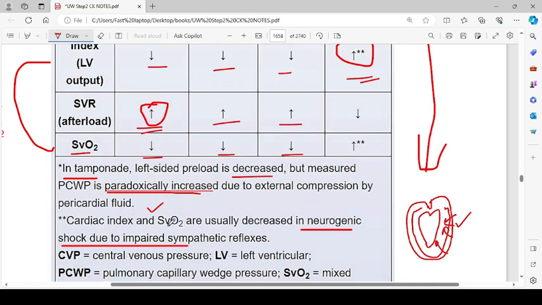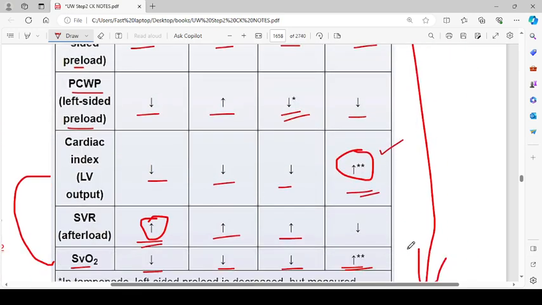They're saying that cardiac index and SvO2 are usually decreased in neurogenic shock due to impaired sympathetic reflexes. So we will talk about that. Then systemic vascular resistance will be decreased, and SvO2 is increased. Yeah, because tissues are not extracting oxygen basically because of the massive vasodilation. Now these two parameters are decreased in neurogenic shock. Why?